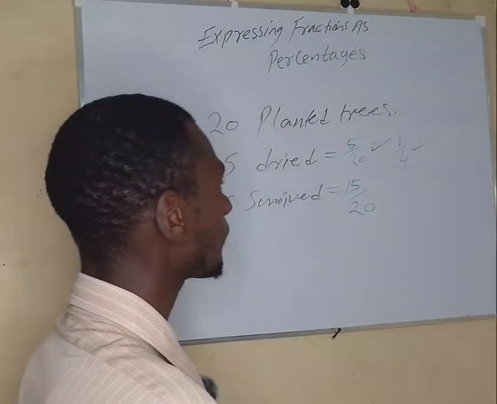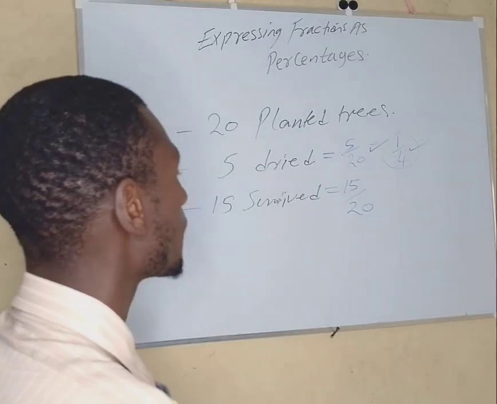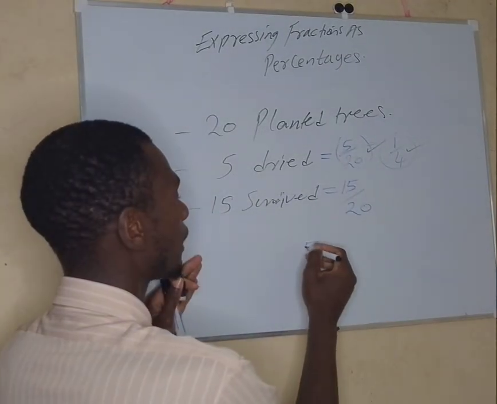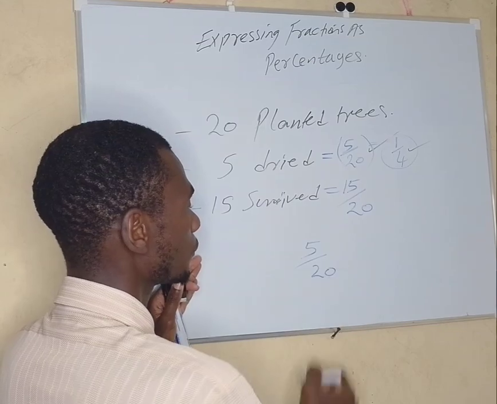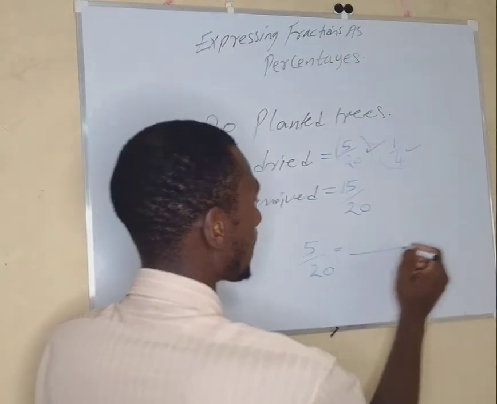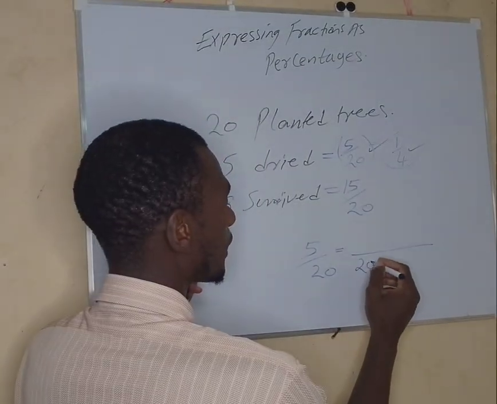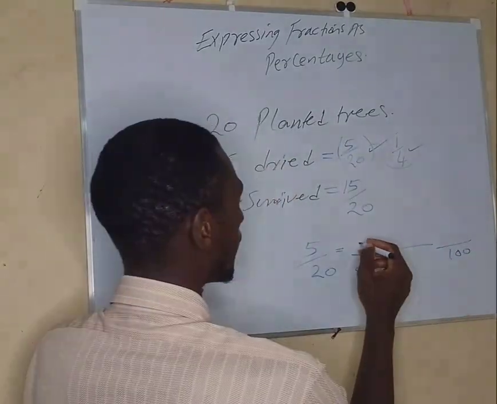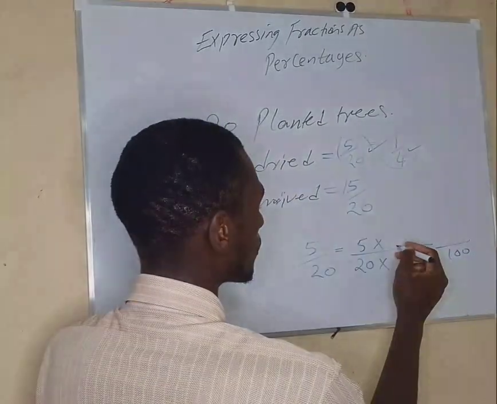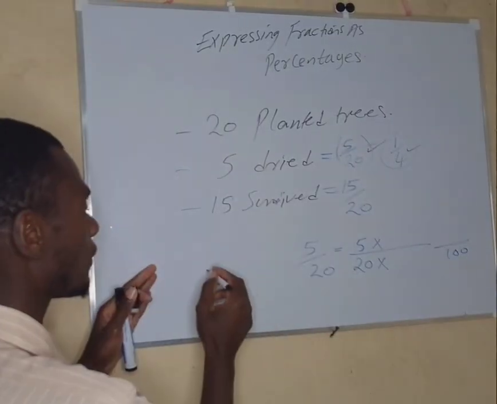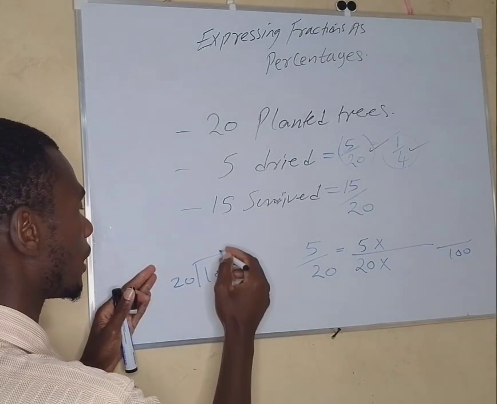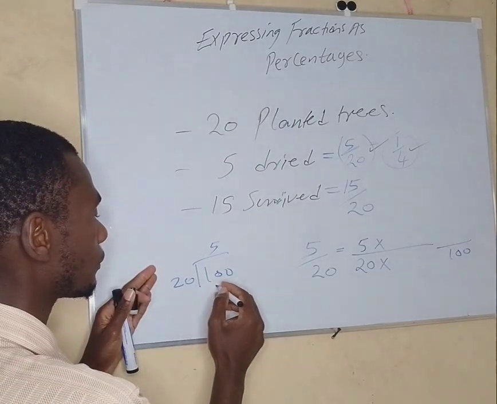We can as well be told to express the fraction of those trees that dried, excuse me, as a percentage. So if you are told to express this as a percentage, then you will take 5 over 20. The same process: you look for a number that if you multiply by 20, we will get 100 here. And the same number we are supposed to have up. So you will have 100 divided by 20, which will give you 5.